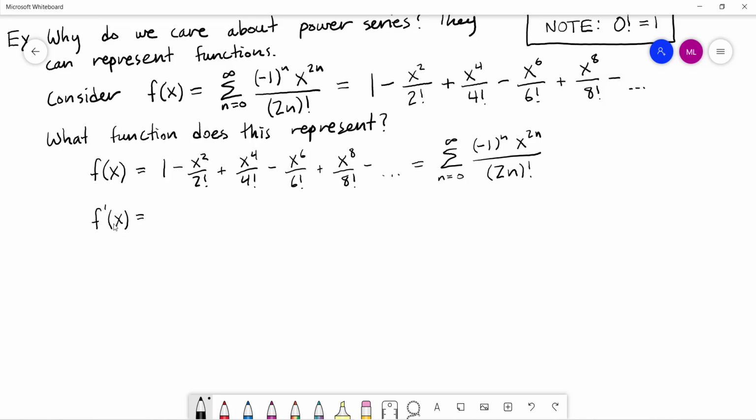What happens when I take a derivative? Well, when I take a derivative of the function, I'm just taking a derivative of this whole thing. I can do it term by term. So what's the derivative of the 1? 0. What's the derivative of this term? So I've got basically an x squared with a factor of -1 over 2 factorial. Well, when I take the derivative, this factor of 2 is going to come down.